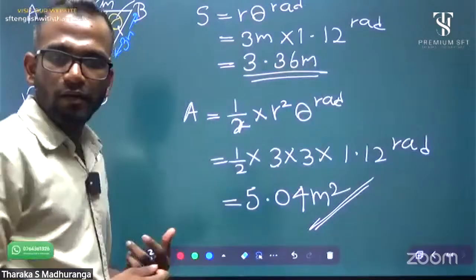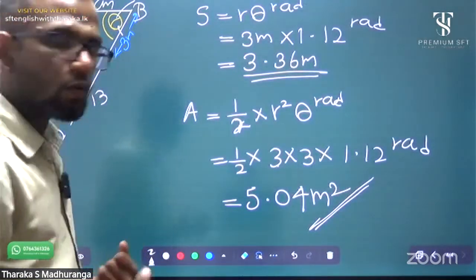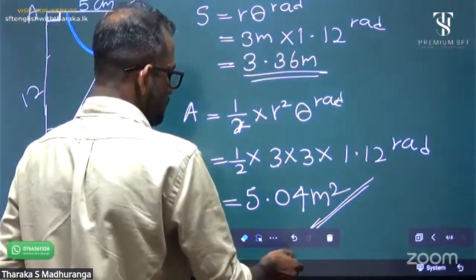Above also they are asking for the nearest whole number. Nearest whole number.